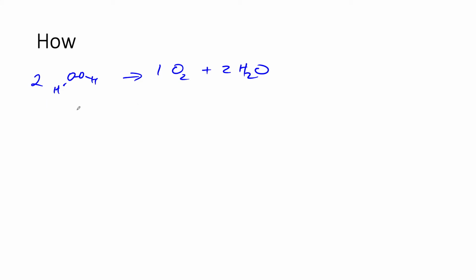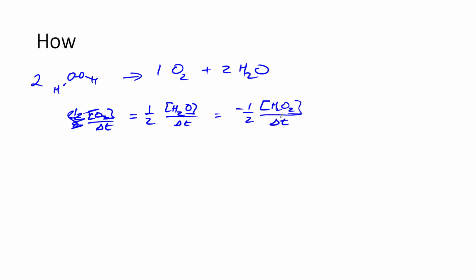So this is what we mean by 1/2 of the concentration of O2 per time, and that's equal to a net positive 1/2 of the concentration of water over time. And since we're losing peroxide, that's a negative 1/2 times the concentration of peroxide over time. So that's how it works. It works for any rate.